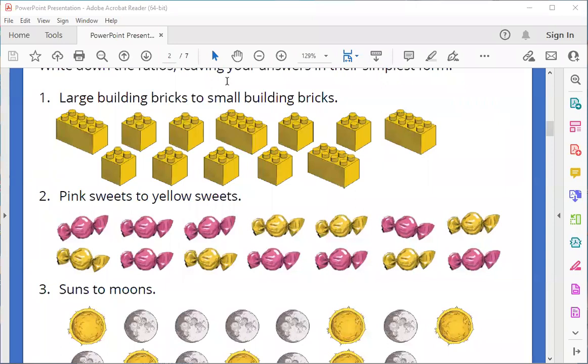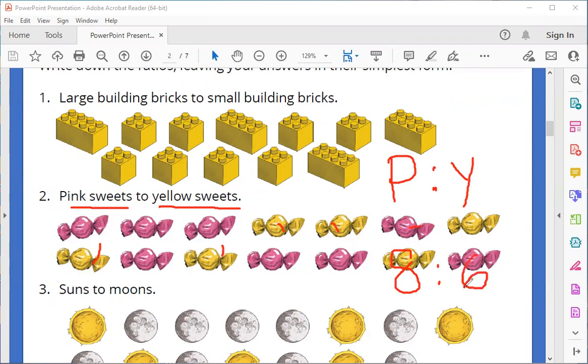Let's explore a few more questions. Pink sweets to yellow sweets. So again, I write pink to yellow. Pink, 1, 2, 3, 4, 5, 6, 7, 8. So we have 8 pink sweets and yellow, 1, 2, 3, 4, 5, 6, 6 yellow sweets.